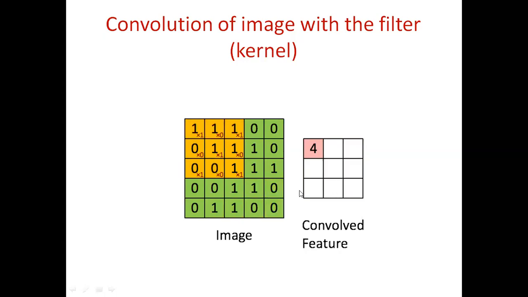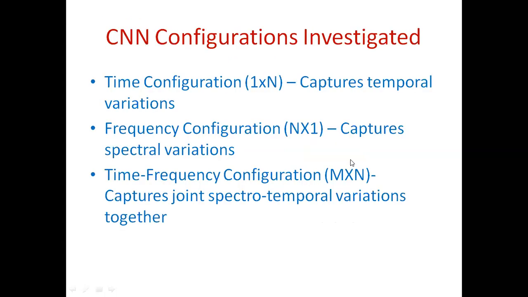For example, the last one here, whatever you see now, results in this answer as 4. You can just watch it later also to understand it in a better way. And in this convolutional neural network, there are different configurations.